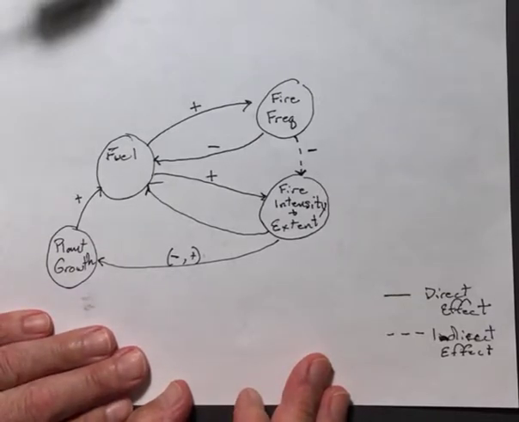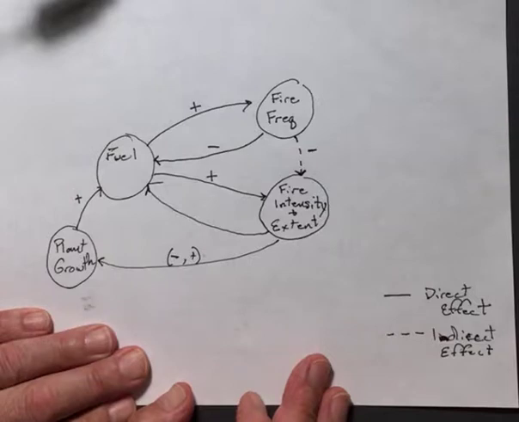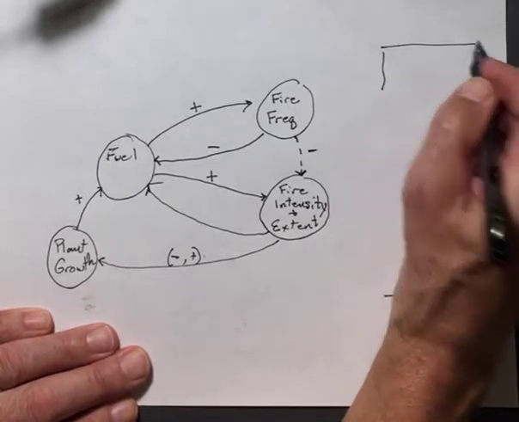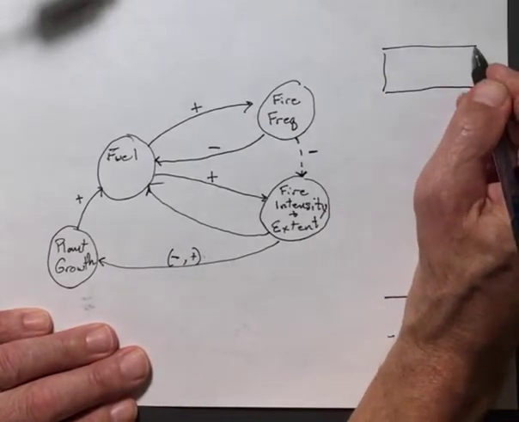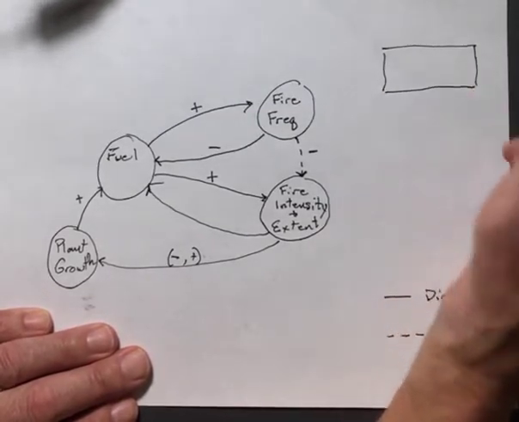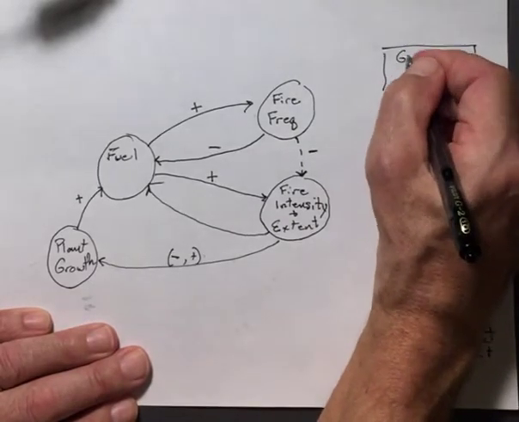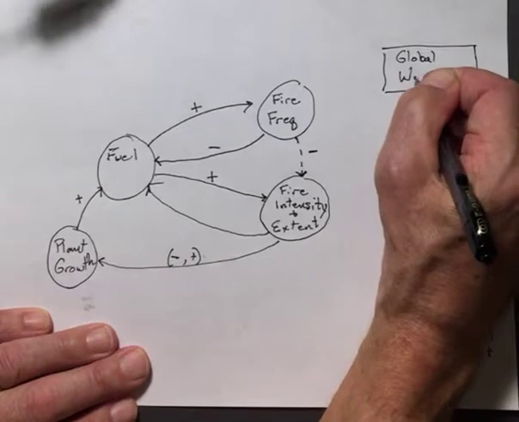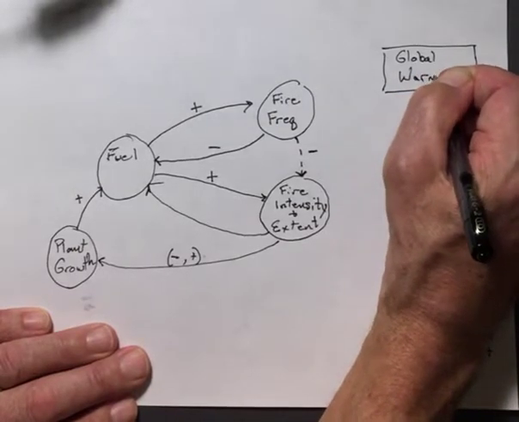Now, when you listen to the podcasts, if you haven't already, you'll learn that some of the key elements driving increased fire in the West, chief among them, is climate change. And we'll specify a little bit more: global warming. This makes the fire season longer.